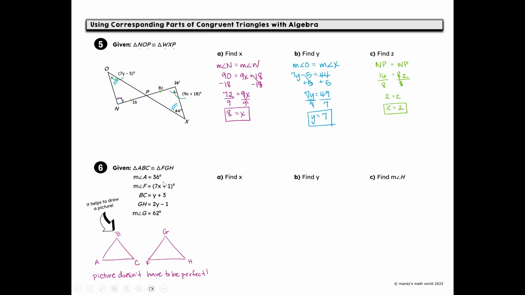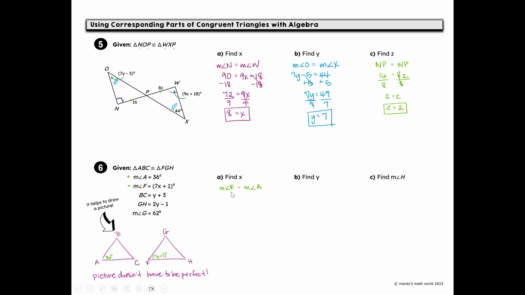So I know that the measure of angle A is 36 degrees, and if I'm asked to find X, right here, the measure of angle F is 7x plus 1. Well, angle A is 36 degrees, angle F is 7x plus 1. You can see angle A does correspond to angle F, which means those are congruent angles and their measures are equal.